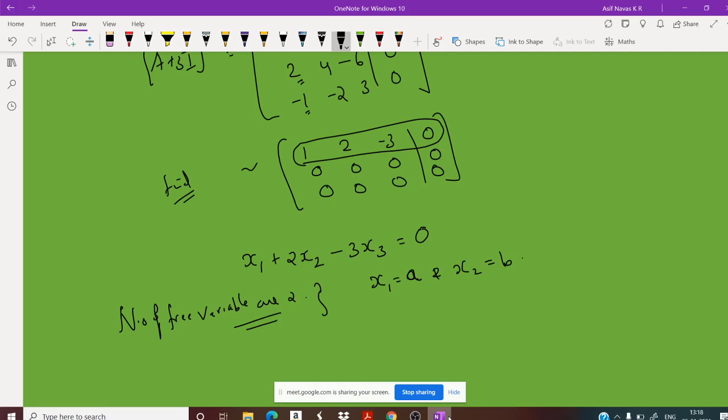Then x1 plus 2x2 minus 3x3 is equal to 0 becomes a plus 2b minus 3x3 is equal to 0.